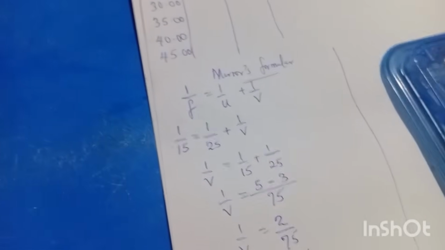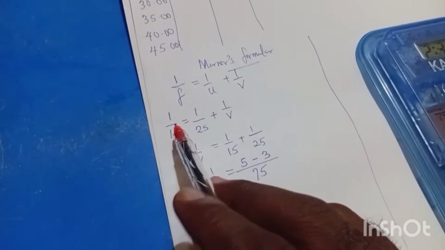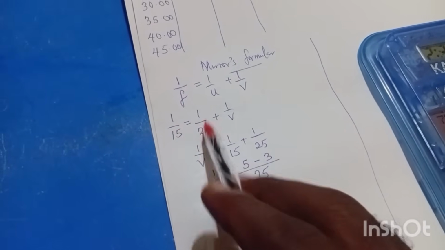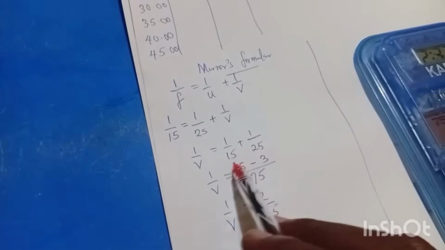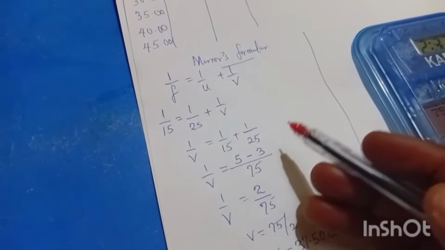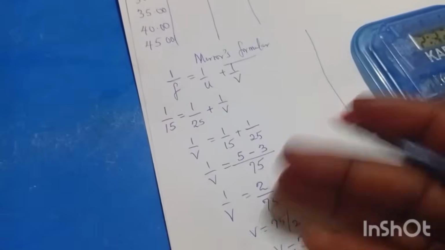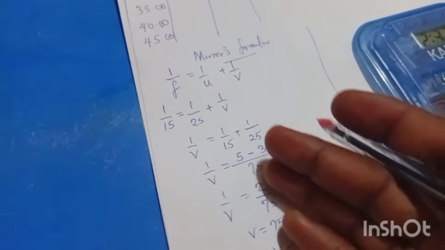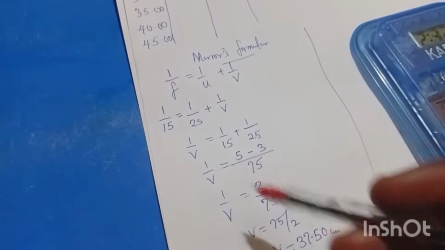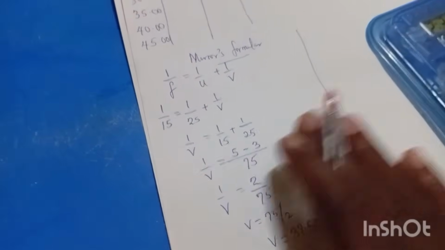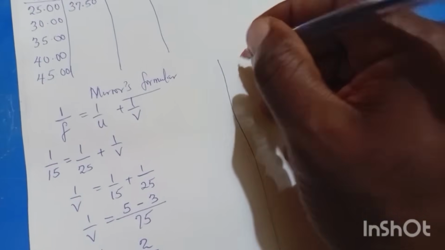I don't want the video to be too long. So for the next one, when my u is 30, I want to be very fast with that, but maybe I should do that one as well, to be on the safer side.